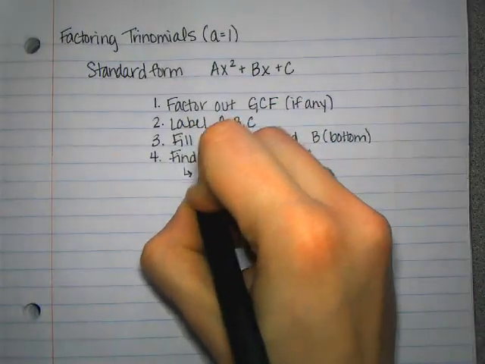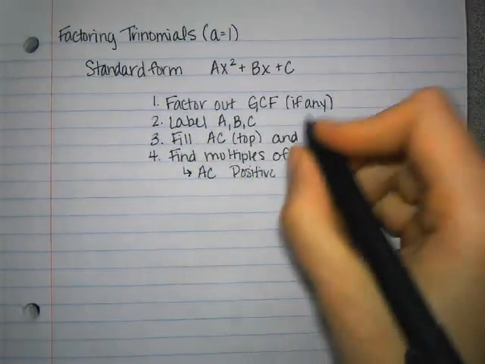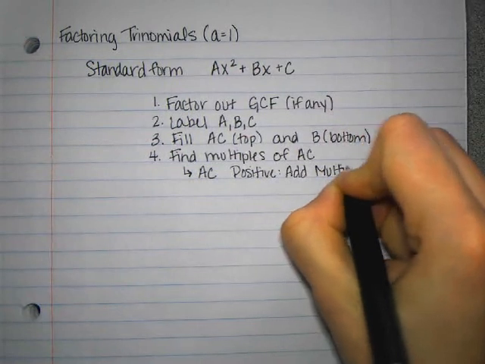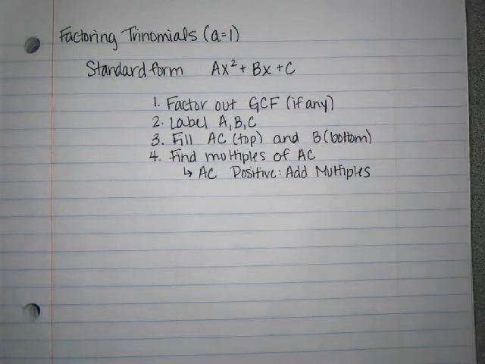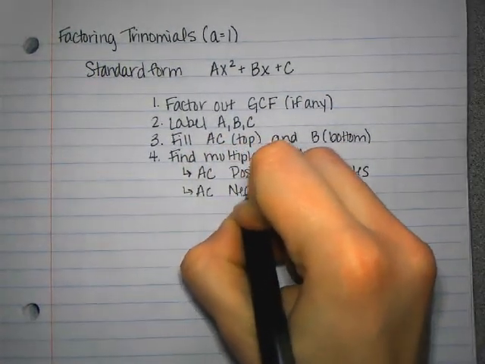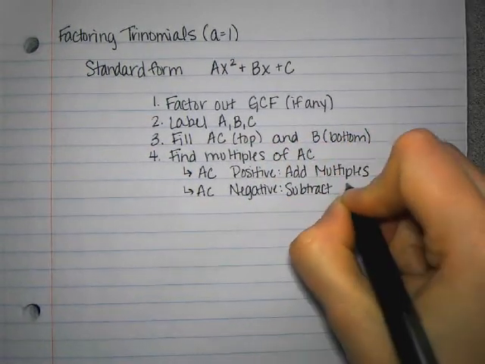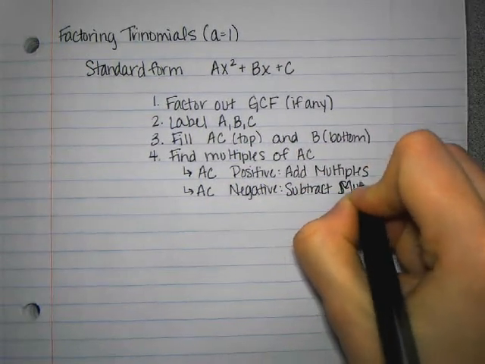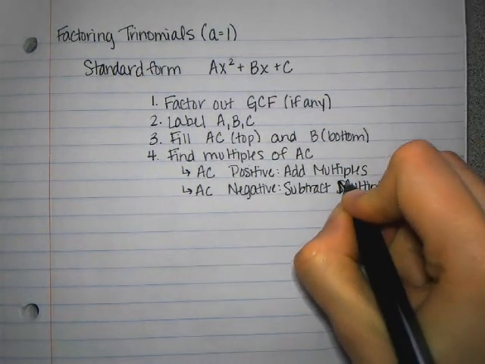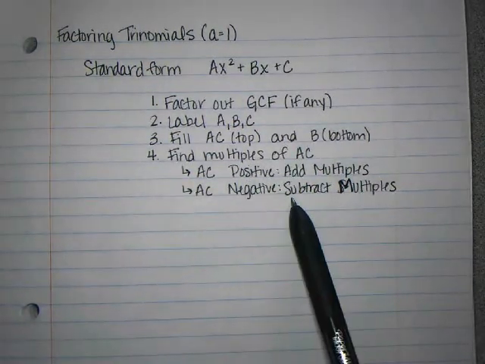Side note: if AC is positive, then you add the multiples to get B. This will all make sense once we actually start the examples, but we're just writing out the steps. If AC is negative, then you subtract the multiples. Should be pretty easy to remember because if it's positive, you're adding. If it's negative, you're subtracting.